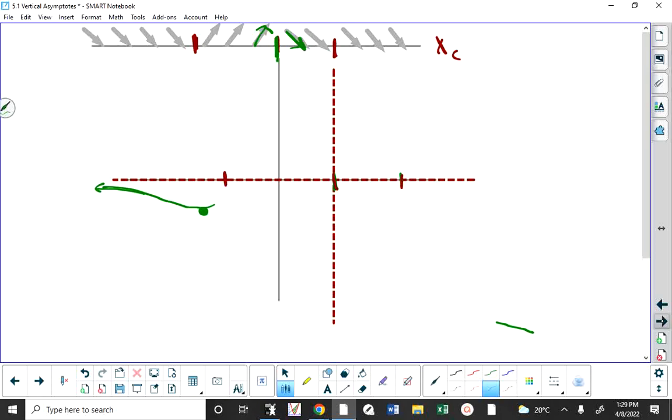Our function was y equals x cubed over x times x cubed minus 1, correct? There are a lot of different ways we could write this function, but I'm just writing it with the bottom factored but nothing canceled. Who can tell me what is happening at x equals 0?